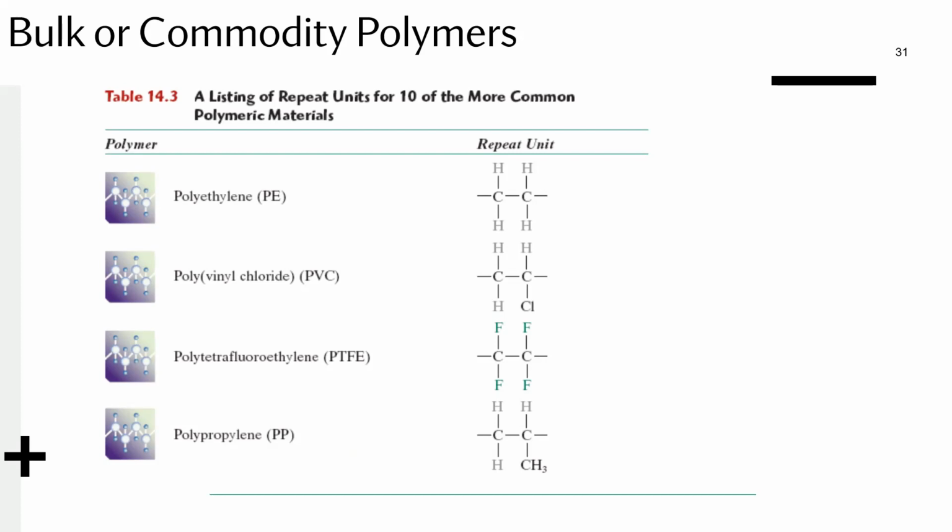Okay, so it's the ethane unit that you've got repeated. If you change one of those hydrogens for chlorine, as we showed previously, it completely changes the performance of this polymer. So it goes from polyethylene to PVC, which is used in tubes and construction.